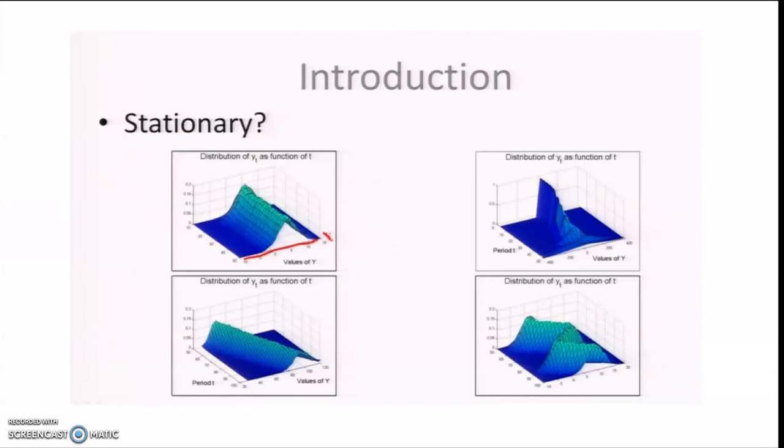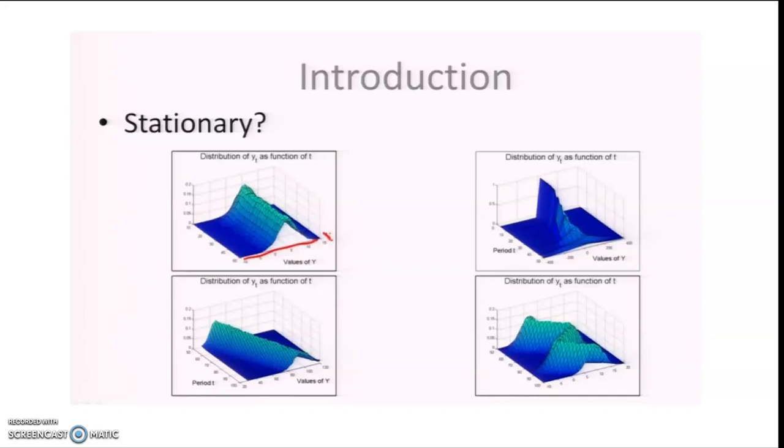Here there are four figures, and you may guess whether the distribution of yt as a function of t is stationary or not. So you may think for a moment, and then you can decide on your own whether it is stationary or not.